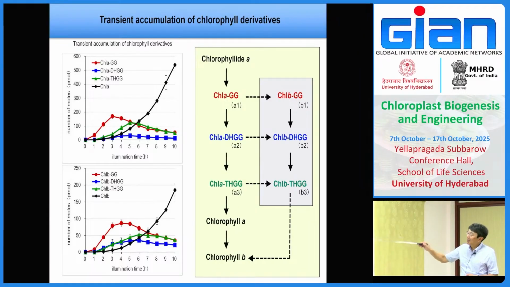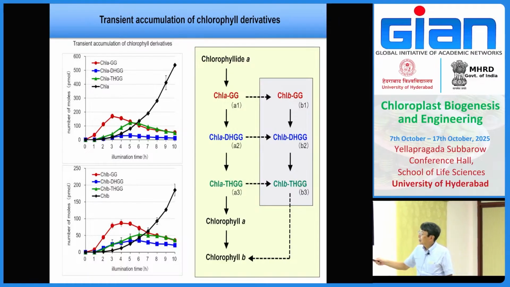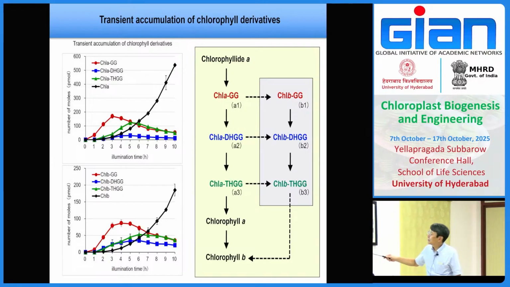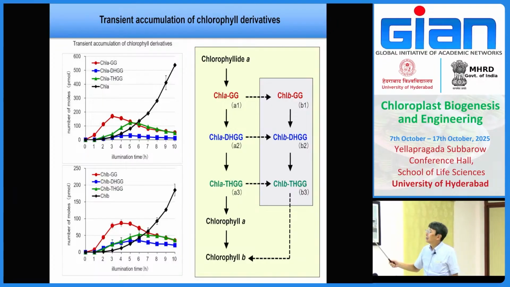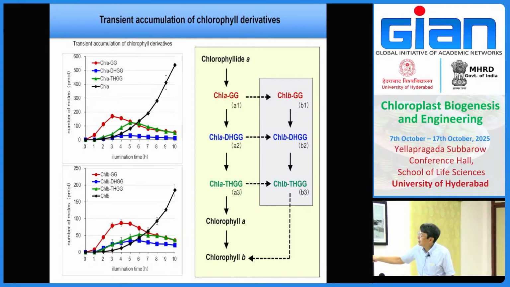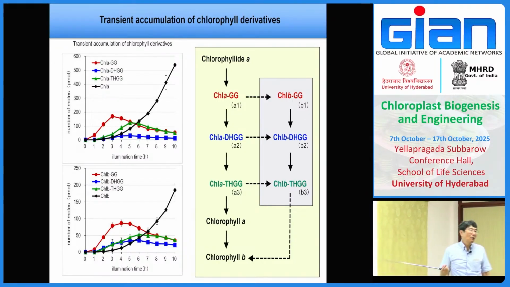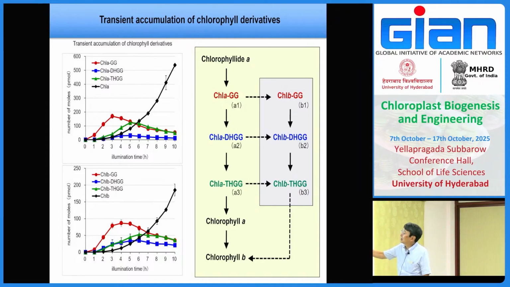So we just make graphs of our results during greening. This is the greening yellow cells, and this is fully green cells. Chlorophyll A accumulates like this. There's a lag phase here, 1 to 2 hours. In the first 2 hours, almost no chlorophyll A and B accumulate, and then it starts to increase.